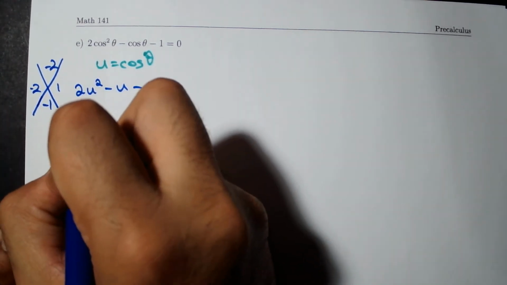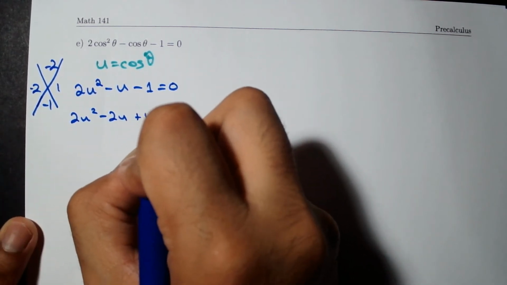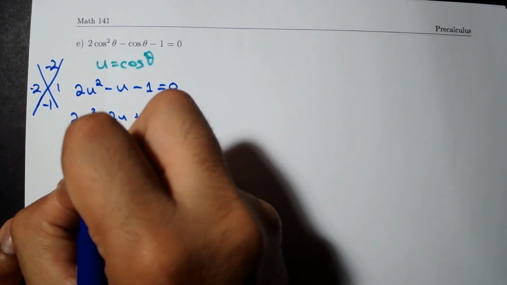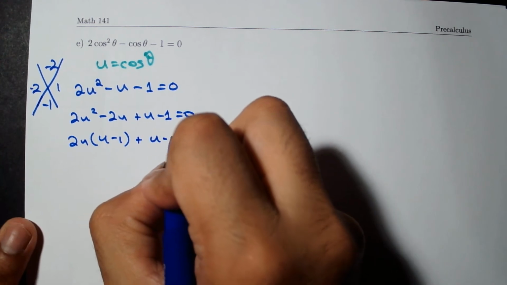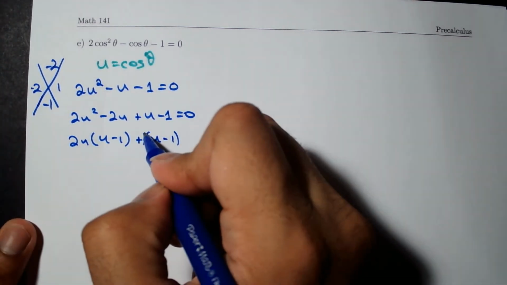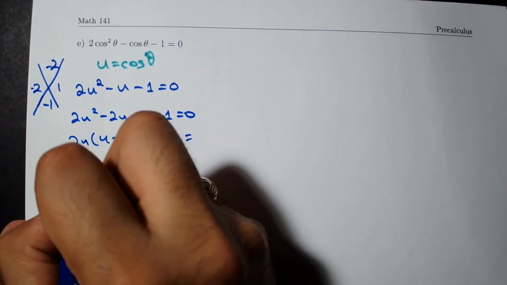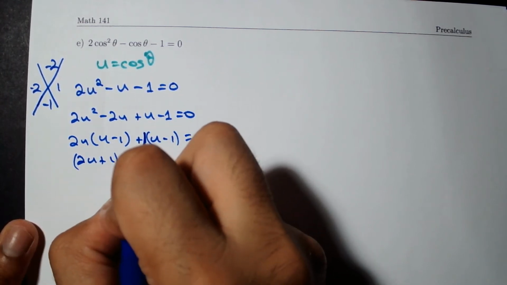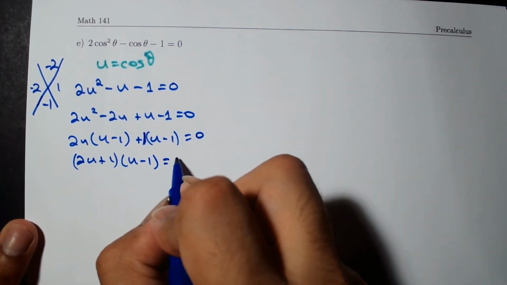So 2u squared minus 2u plus u minus 1 equals 0. Factor by grouping: 2u times u minus 1, plus u minus 1 times 1. You might want to write this 1 so you can see the last GCF. So 2u plus 1 times u minus 1 equals 0.